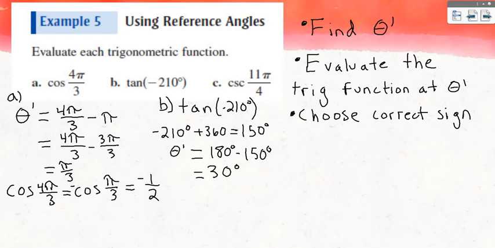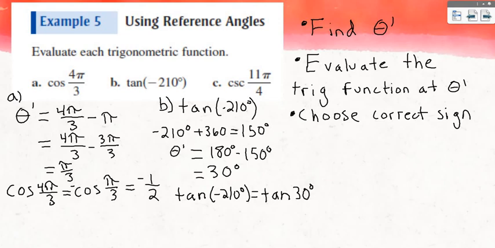Now, remember that my reference angle here is 30 degrees, so I know that tangent of -210 degrees has to equal tangent of 30 degrees.